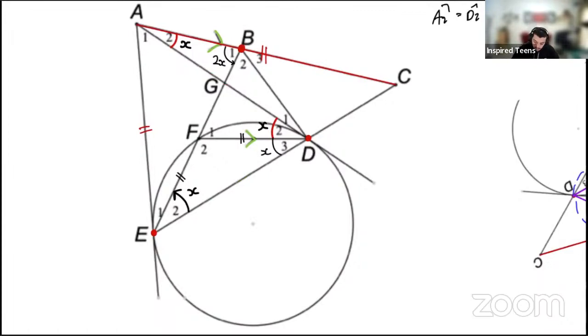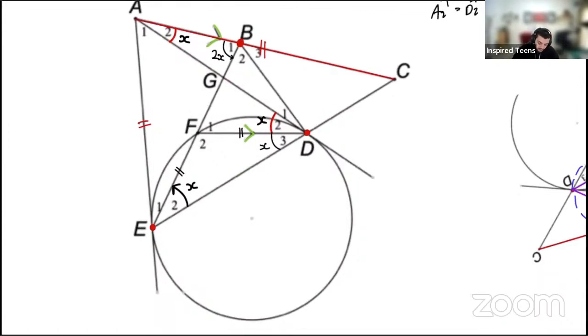I need to prove that B1 is equal to D1 plus D2. So I have the fact that B1 is 2x, and I have the fact that D2 is x. So now you know, I just need to prove that D1 is also x, so that together they add up to 2x.